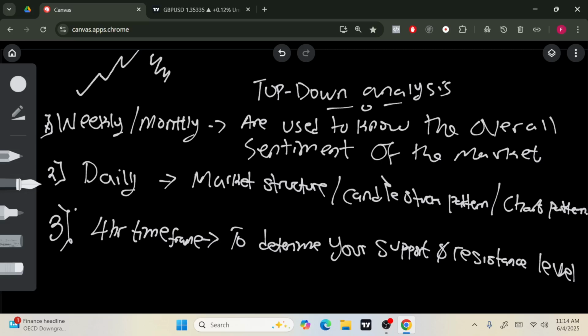That is on the 1-hour and 4-hour time frame. Yes, to determine your support and resistance level.